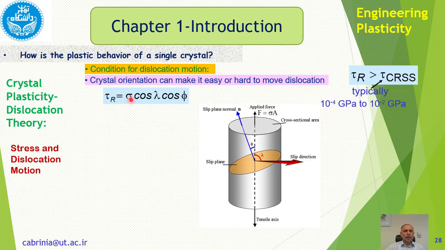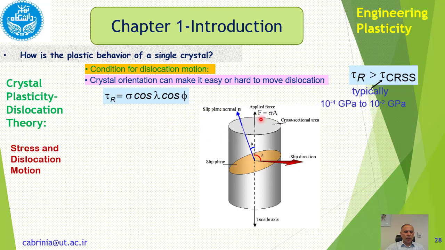It means that sigma or F must increase. Sigma must increase because lambda and phi are constant. The slip system has a certain geometrical position. So this is constant, which is called the Schmidt factor, and depends on the crystal. Now this value, F divided by A, also is constant because it's the cross-sectional area.